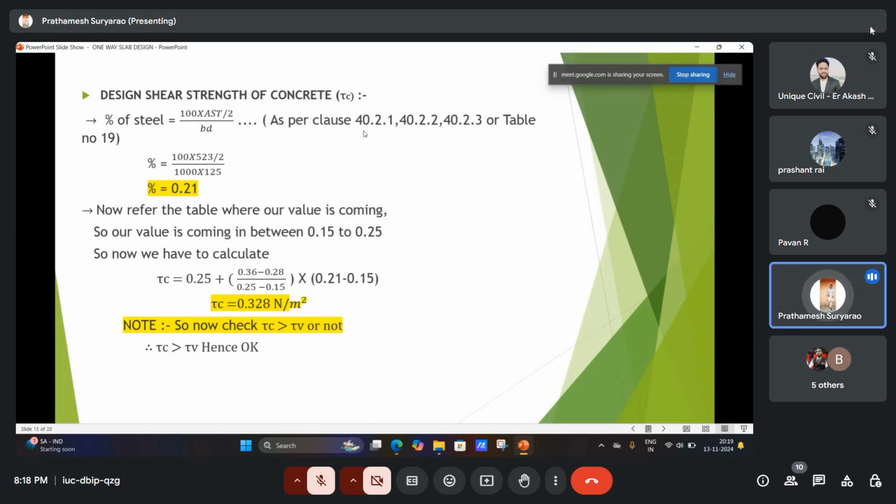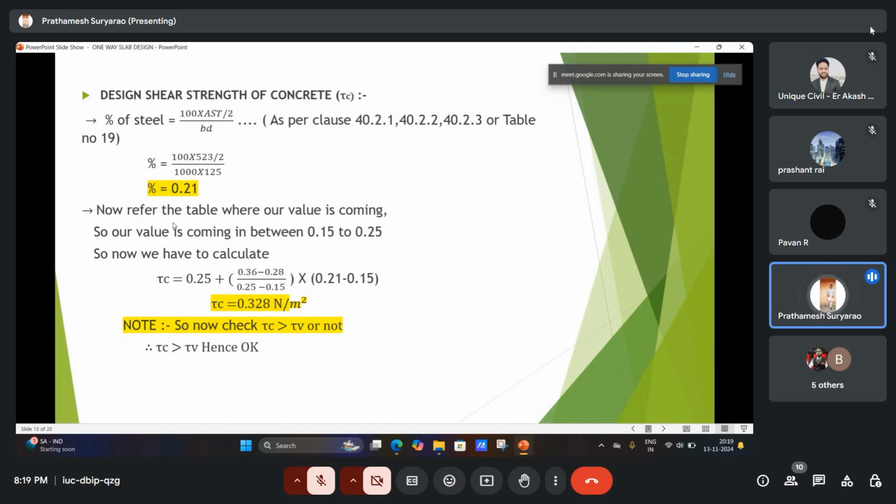As per clause 40.2.1, there is a table in it, table number 19. So percentage equals 100 into 523 upon 1000 into 125. Putting all the values in this formula, we get the percentage of steel equal to 0.25.